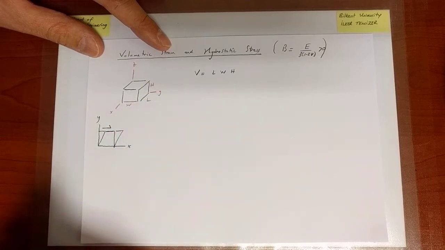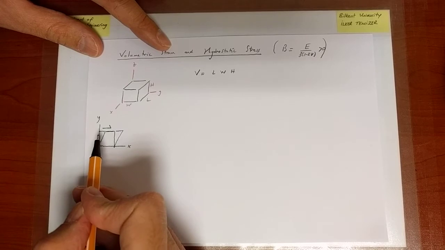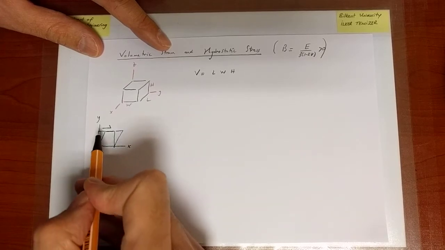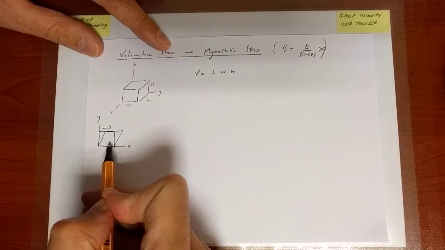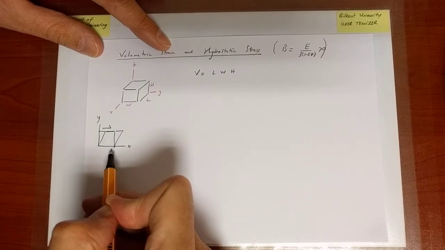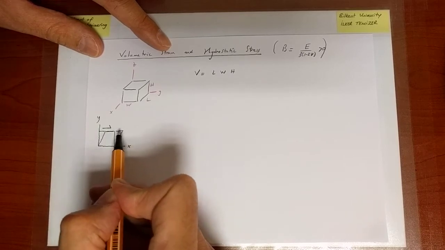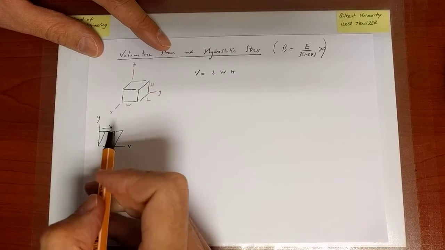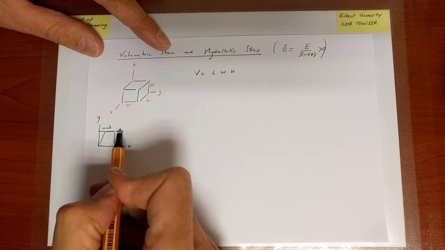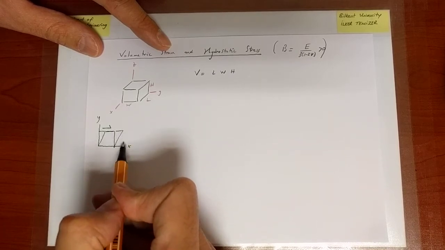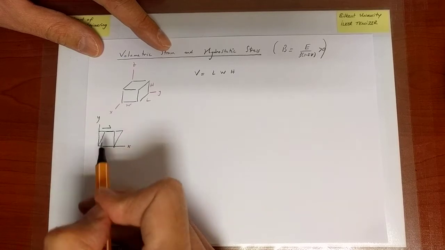And that's going to be the new shape, and the area in 2D will be the same as the area before deformation. That's because the area after deformation is also the height times the base, which is the same as the initial area.